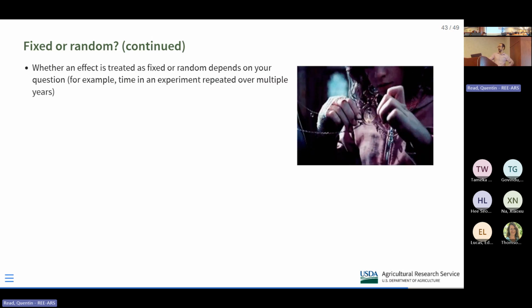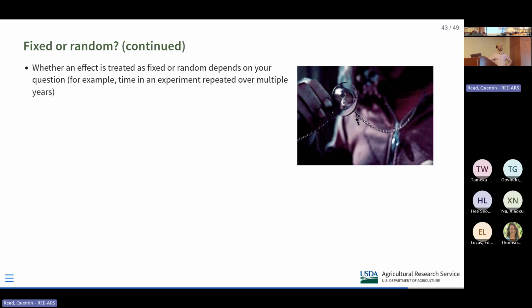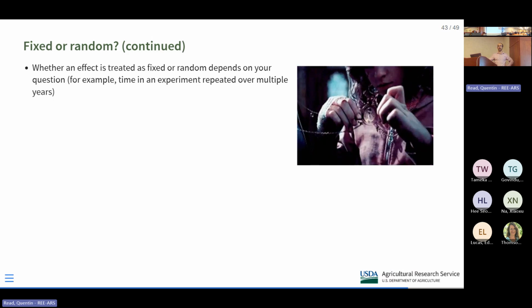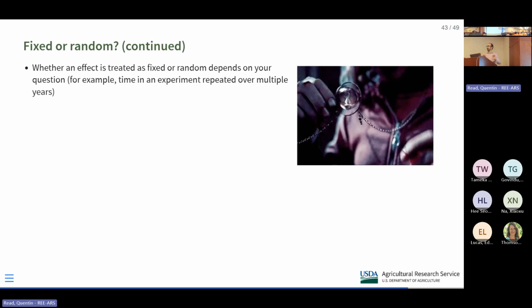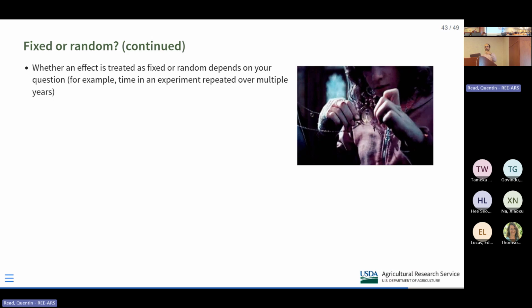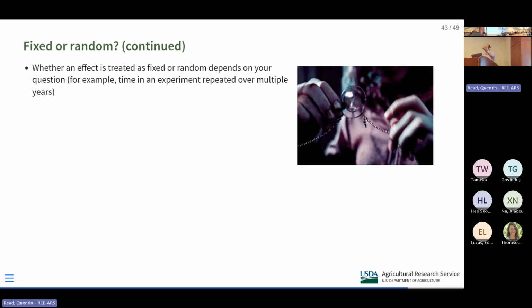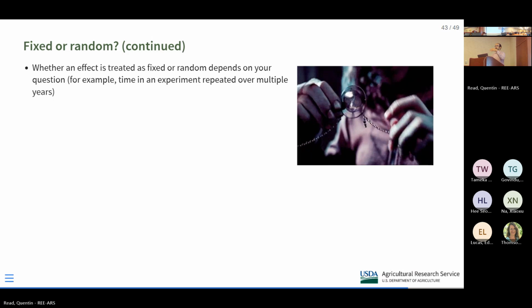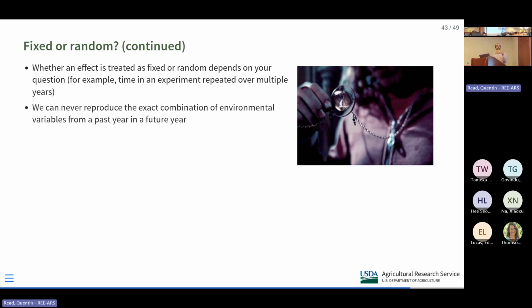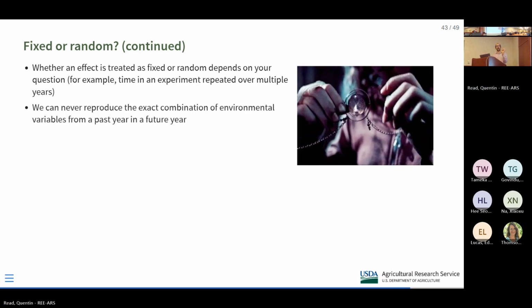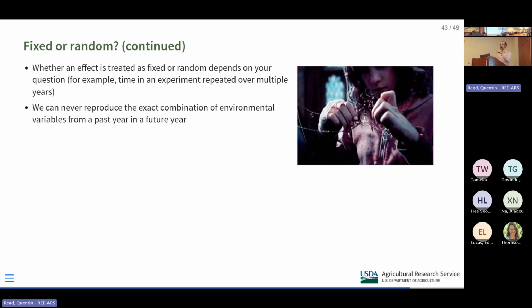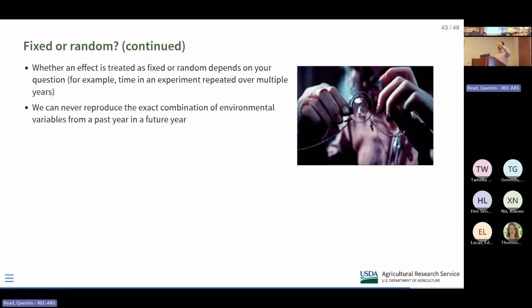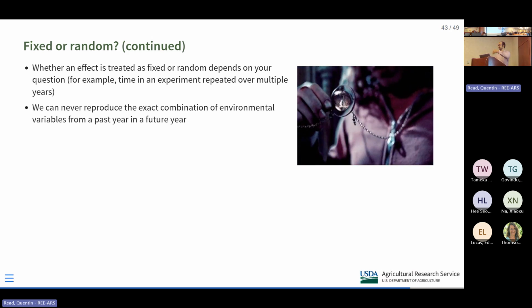Sometimes it can depend on your question whether you treat an effect as fixed or random. Like if you did repeated measures of body weight or of metabolic rate on the same mouse, is time considered a fixed effect or a random effect in that sense? If you did it at different time points, it depends on your question.